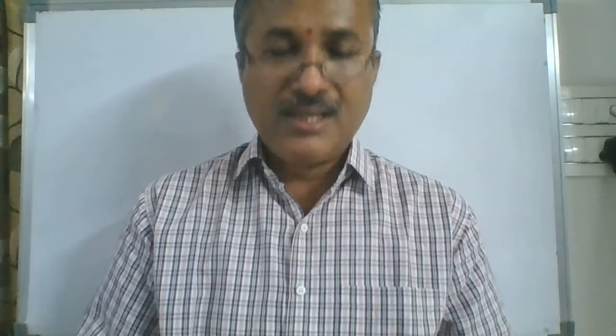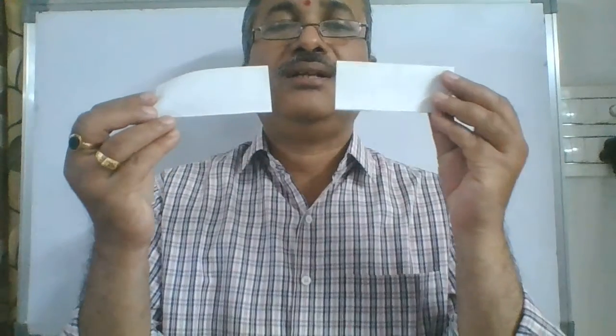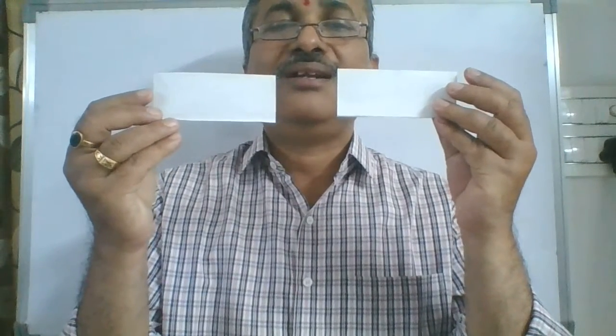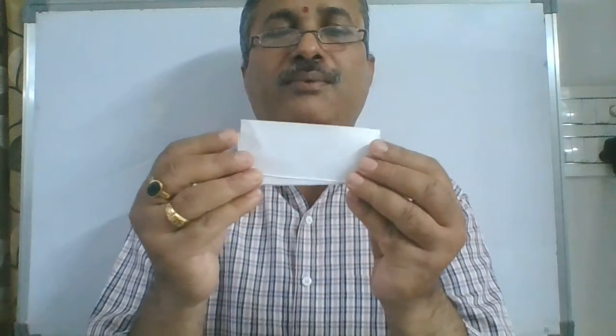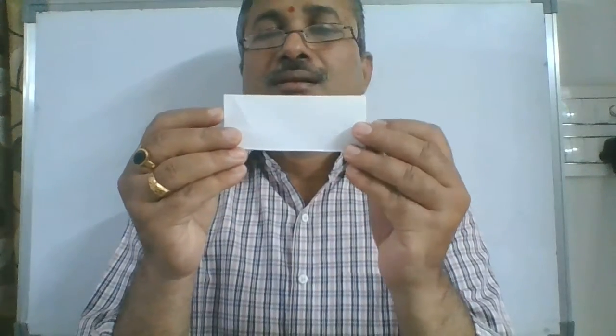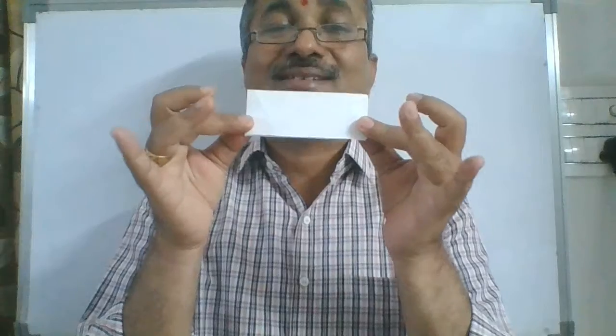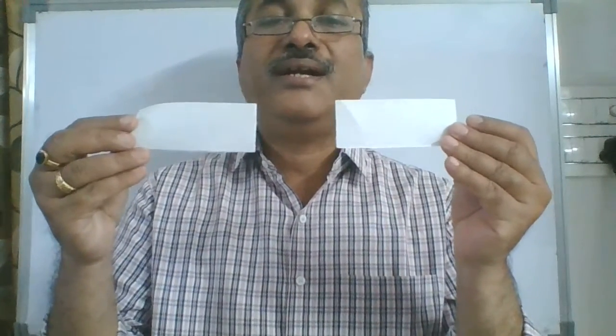Now see here, these two are rectangles, isn't it? So are these congruent? Let us see. When I keep one above the other, they coincide exactly. So therefore these are known as congruent rectangles. These are congruent shapes.